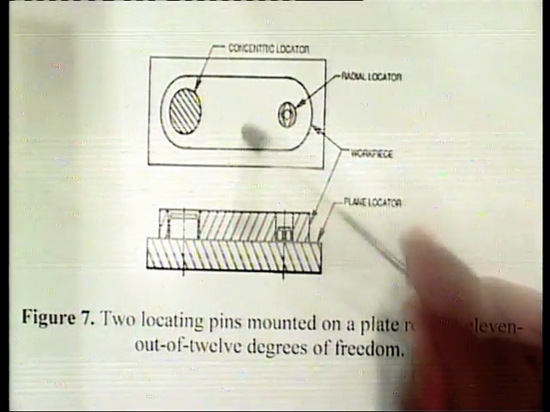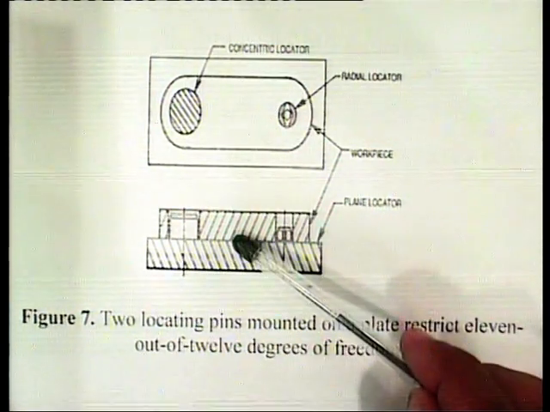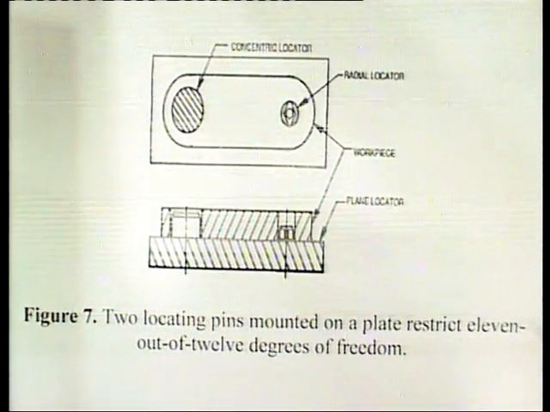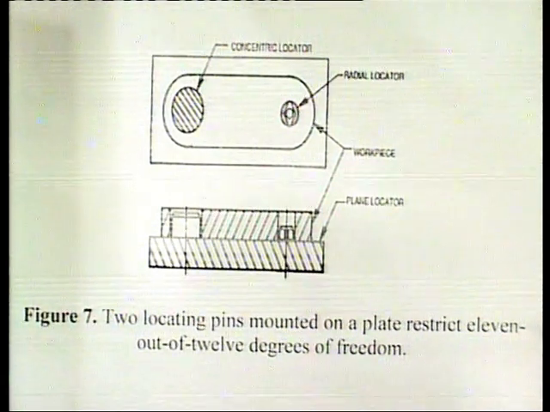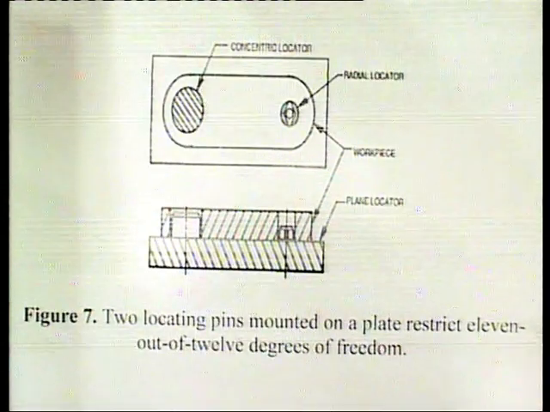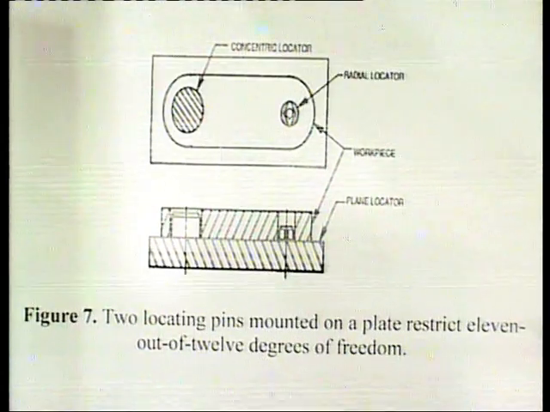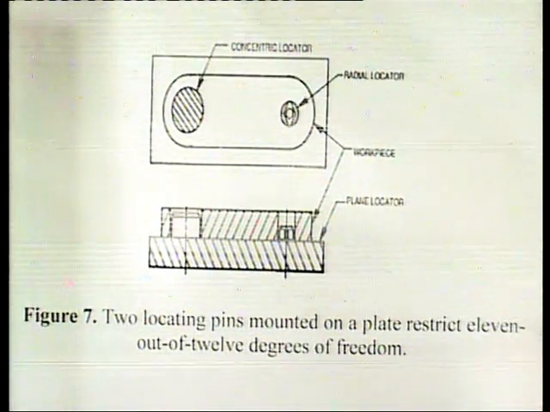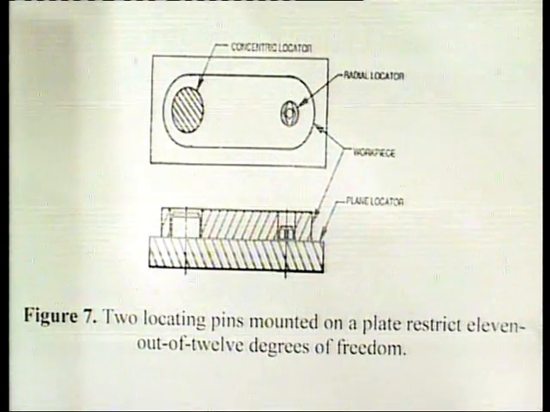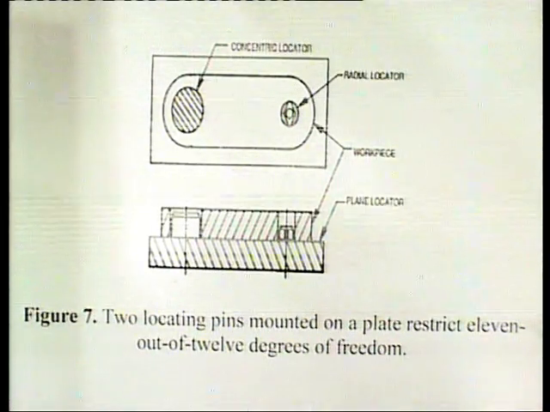The center pin acting in conjunction with the plate as the concentric locator prevents any axial or radial movements along or about the x and y axis. So together these two locators restrict 9 degrees of freedom, as we can see in this arrangement.